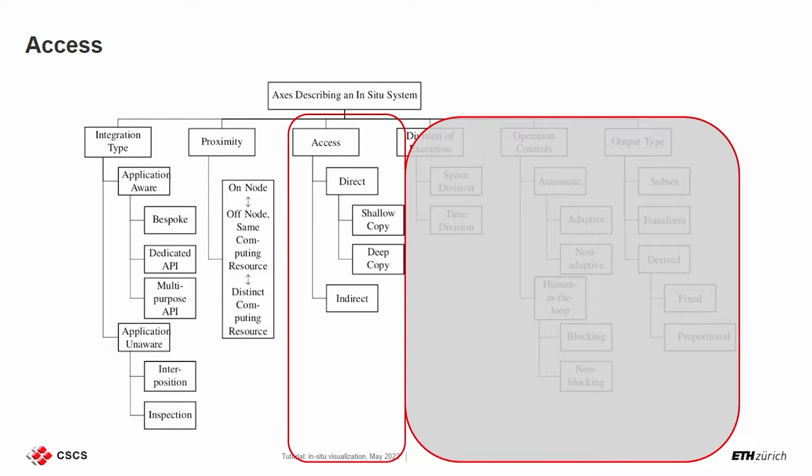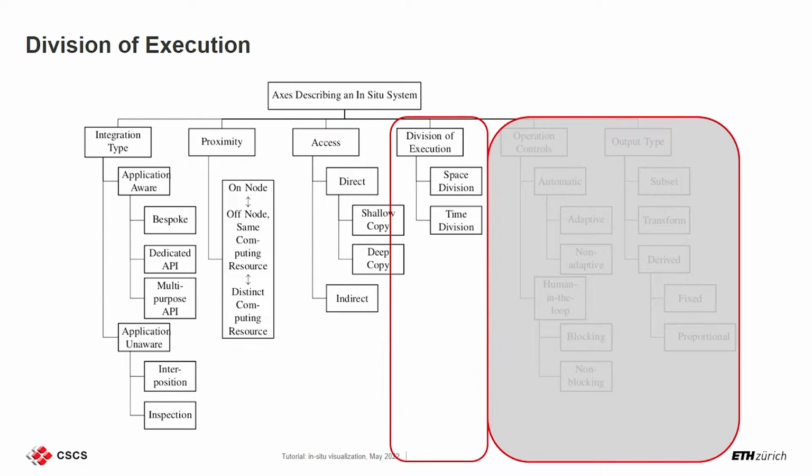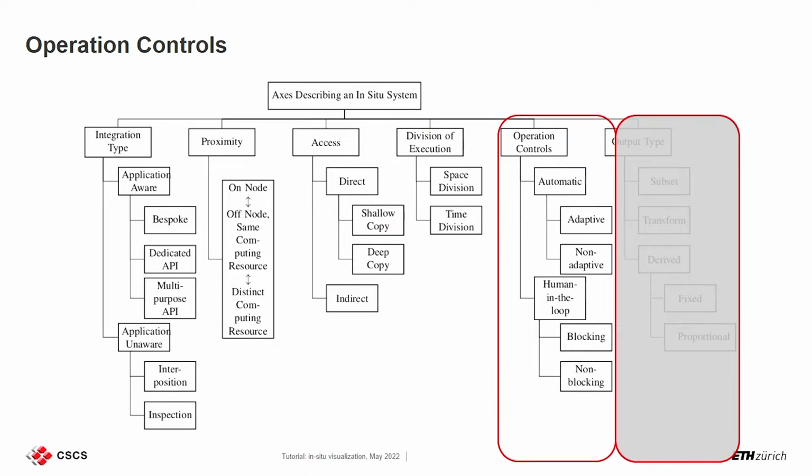In terms of accessing the data in memory, as you can expect, there is, of course, direct access and the distinction between shallow copy and deep copy. I hope the difference is clear to everyone, yeah? Or else you have, of course, indirect access. In terms of executions, we've mentioned this: space subdivision, time subdivision.